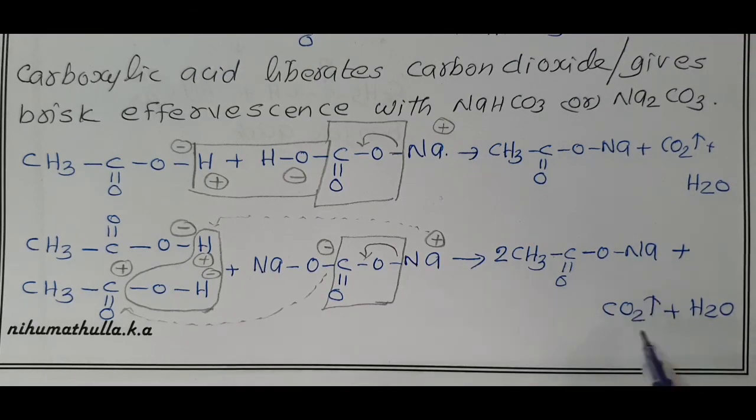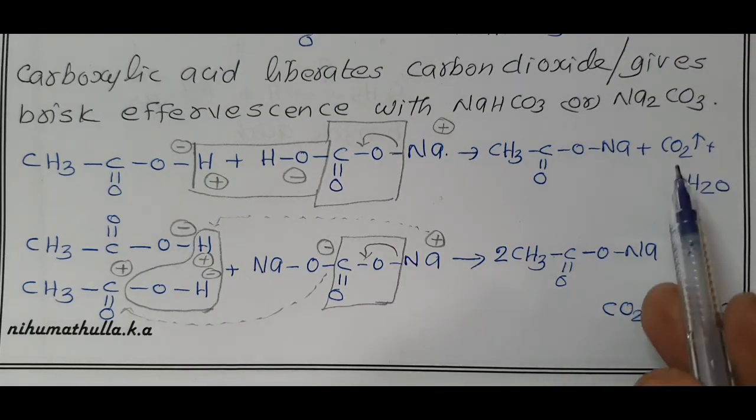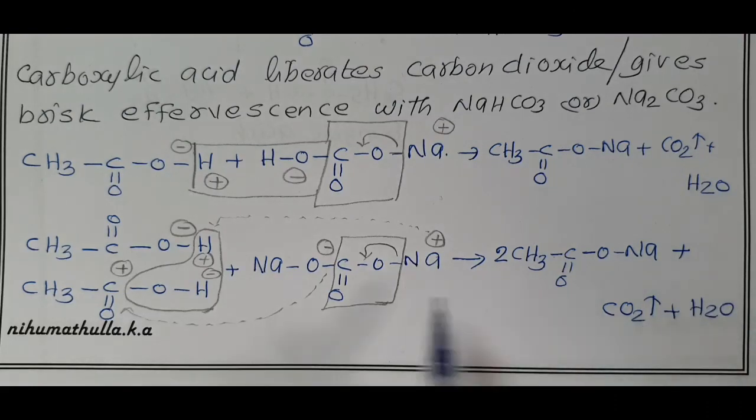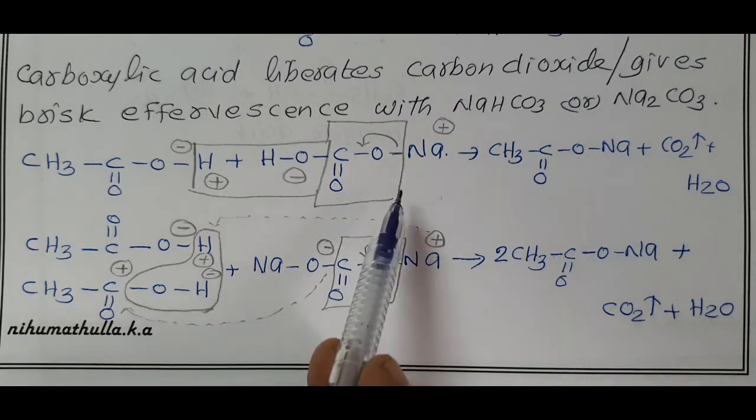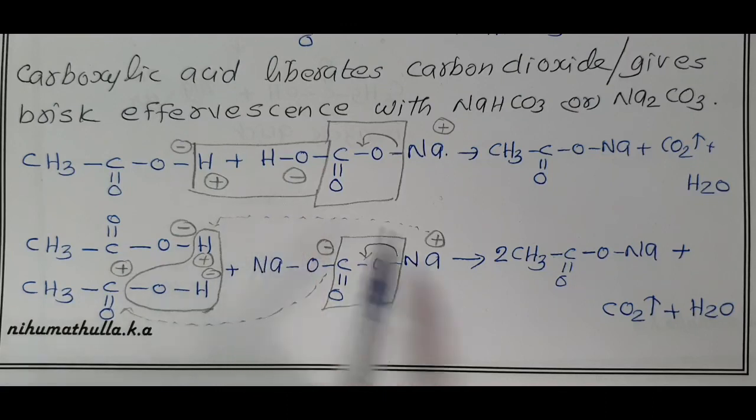Sodium acetate is formed. Remember, carbon dioxide is liberated only from sodium carbonate and sodium bicarbonate. The carbon dioxide is not removed from the carboxylic acid functional group. This is one of the tests for carboxylic acid.